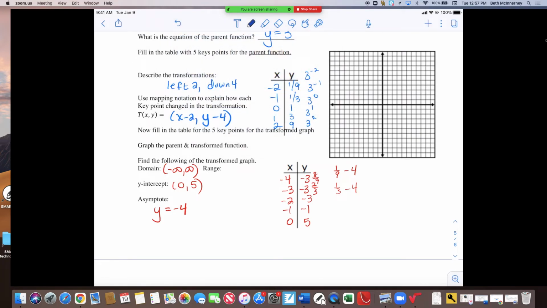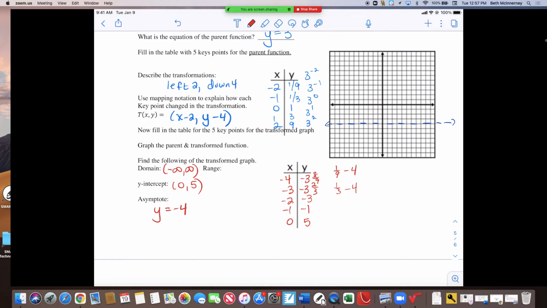And before I do the range, I want to plot this. Go ahead and draw your horizontal asymptote of y equals -4. I'm going to plot the points and then I'm going to do my range. I like to see the graph before I do my range.